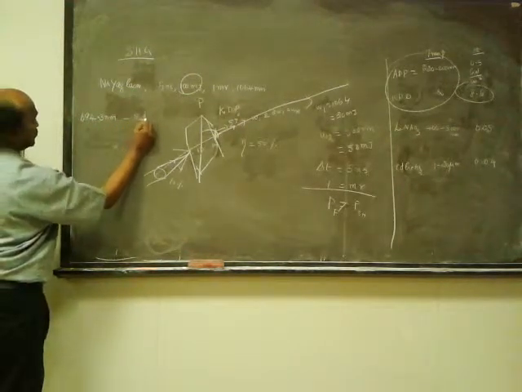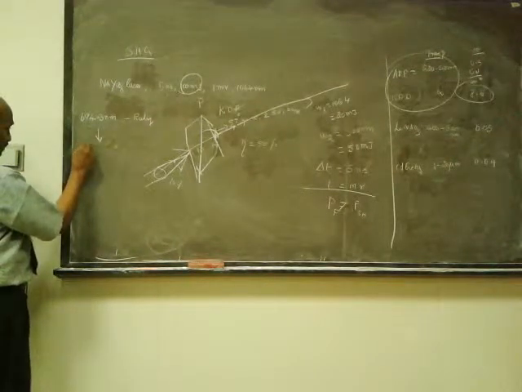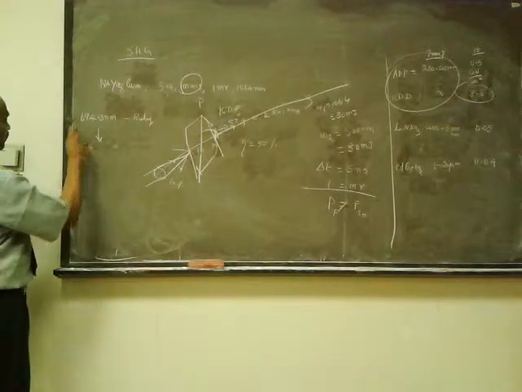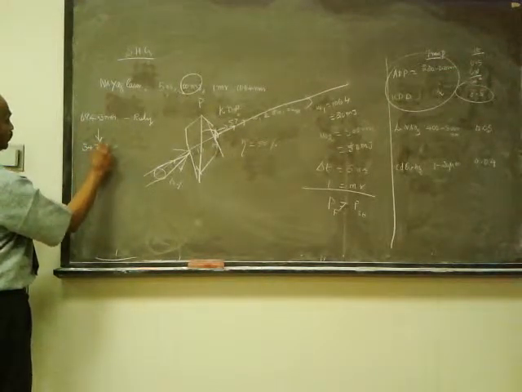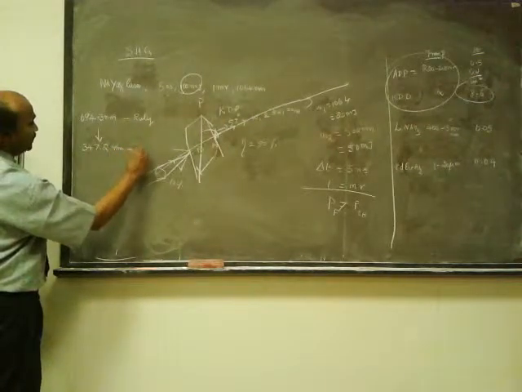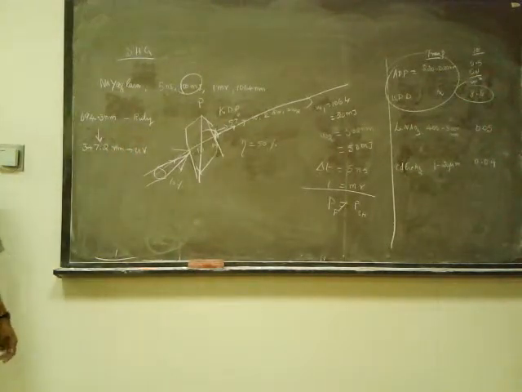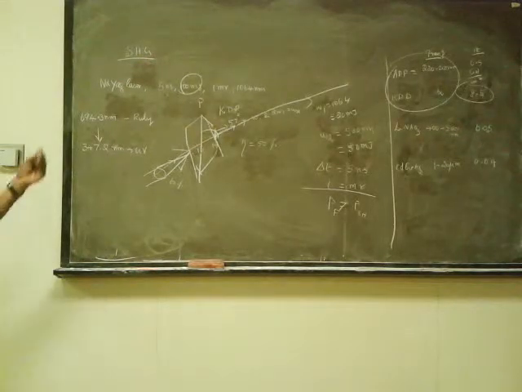This is the first laser, ruby laser. Half the wavelength will be 347.2 nanometer. This is in the ultraviolet. So, I can buy a KDP crystal, one for YAG laser, another for ruby laser.